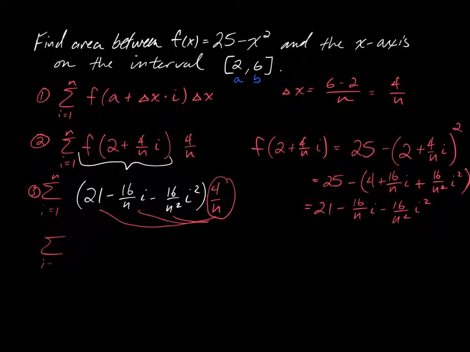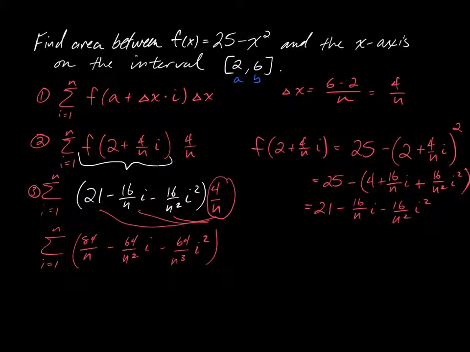So the sum as i goes from 1 to n of 84 over n minus 64 over n squared i minus 64 over n cubed i squared.